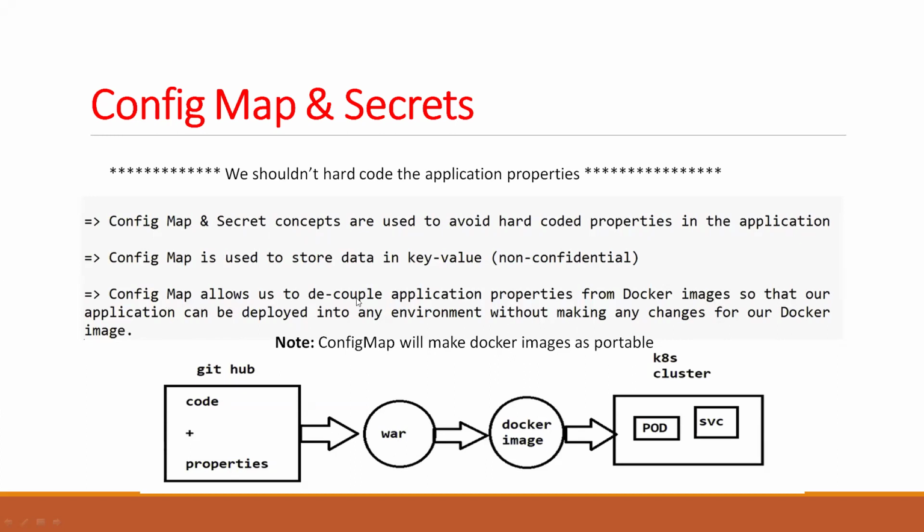Config map allows us to decouple application properties from the Docker image. Decouple, not couple. So our application can be deployed into any environment without making changes to our Docker image.